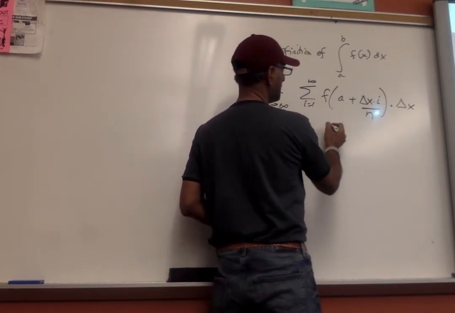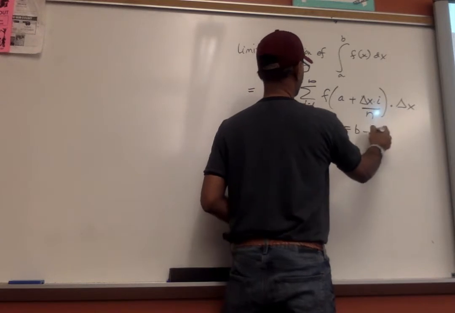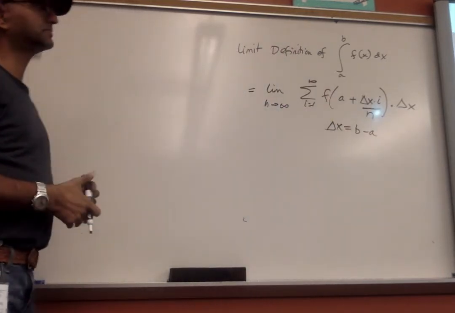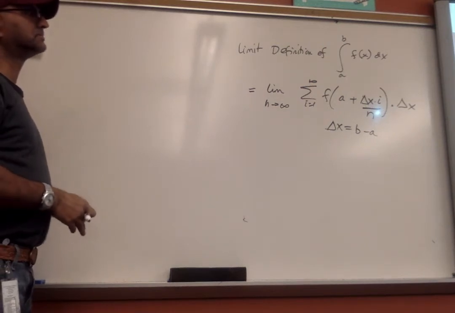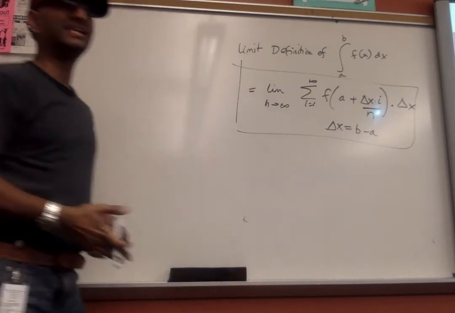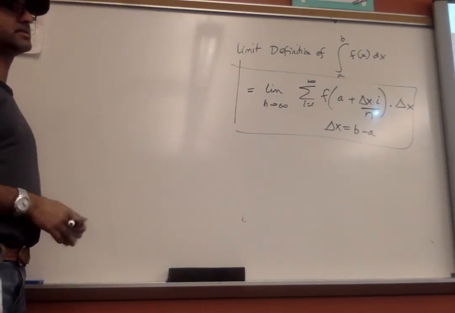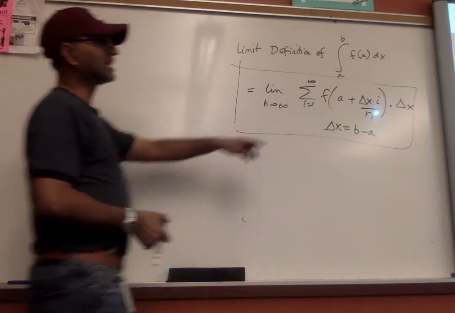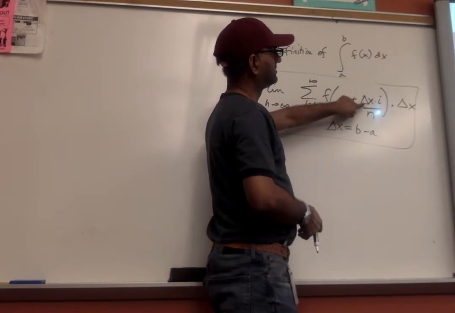Write this down, where delta x is given as b minus a. It's basically the base of the rectangle. Put this in a box, please. Relax, we'll do at least 3 examples so you'll get it, saying, okay, I get it, I'm just plugging it in. A is the lower limit. That's the width of the interval.